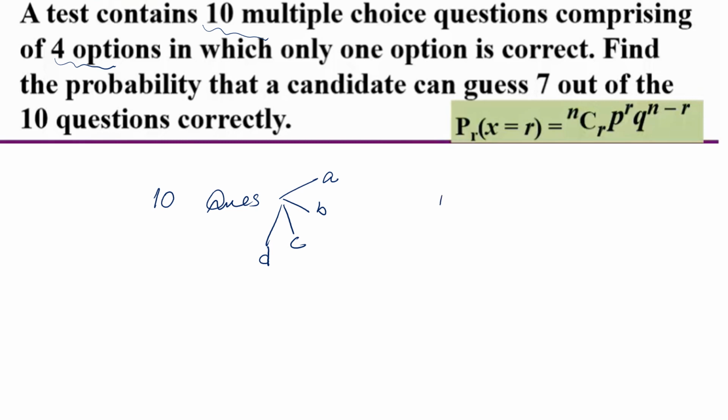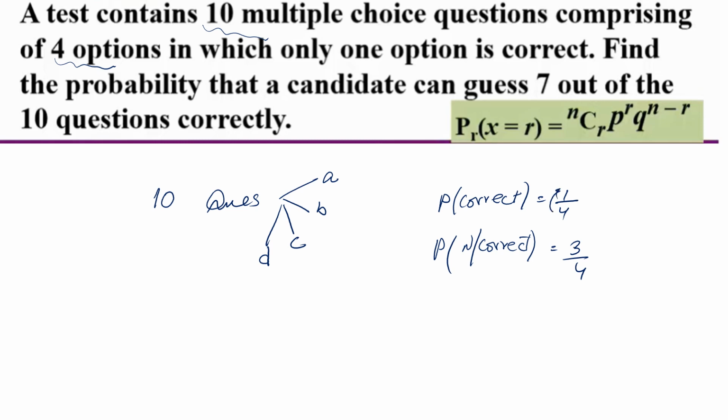One option is correct means the probability of getting the correct answer is 1 by 4. So probability of not correct answer is what? It is 3 by 4. Why? 4 minus 1 is 3.